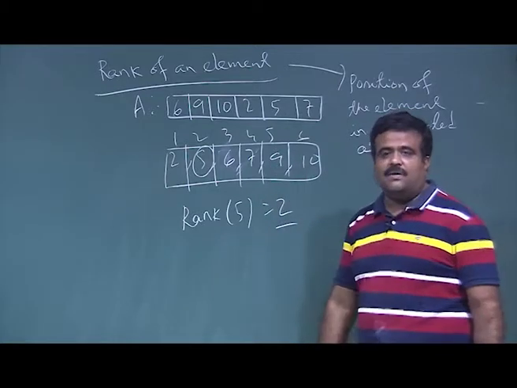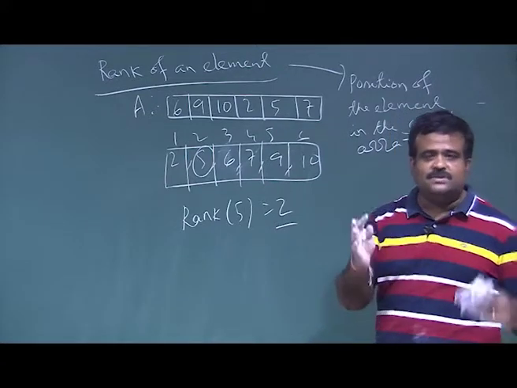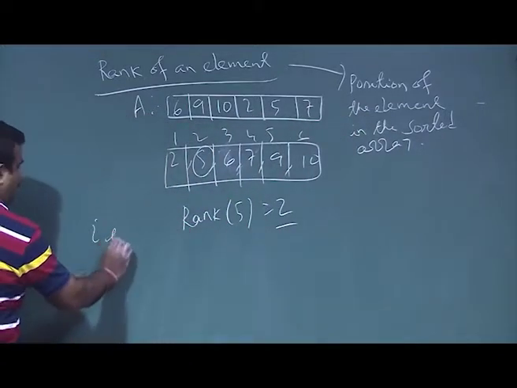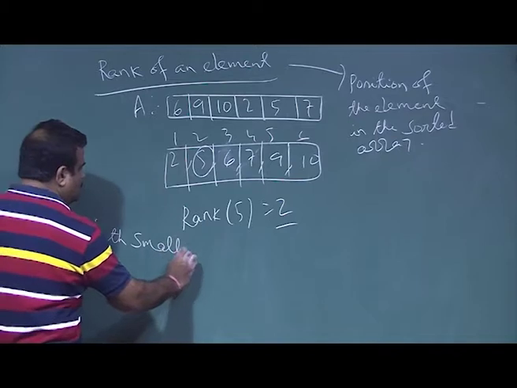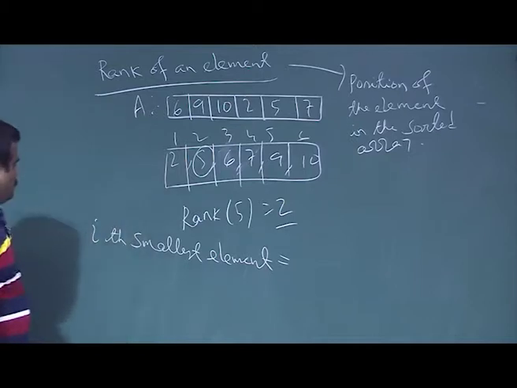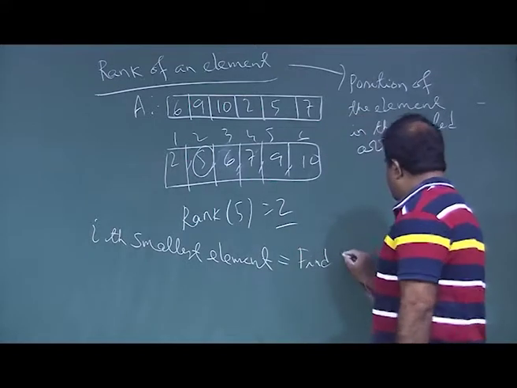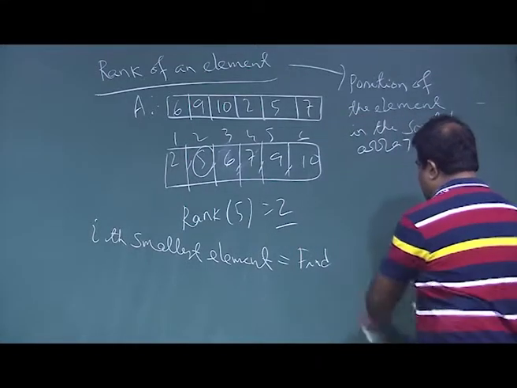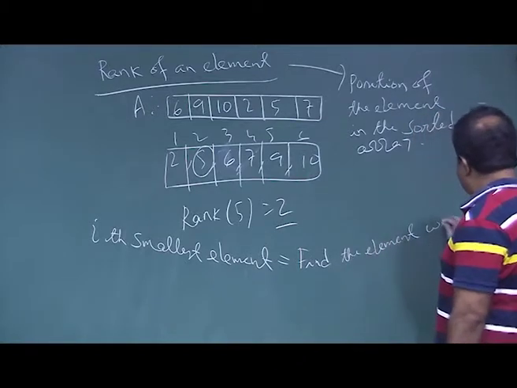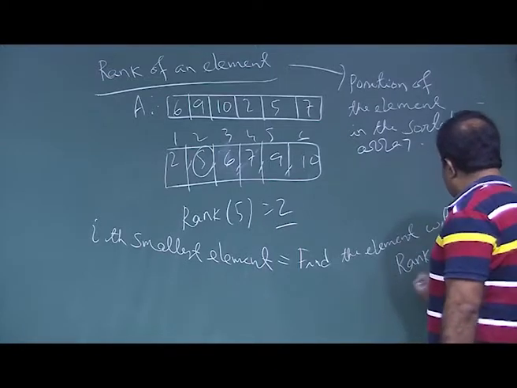So, the order statistics problem is basically finding the ith smallest element, which means we are trying to find the element whose rank is i. This problem is the same as finding the element with rank equal to i.